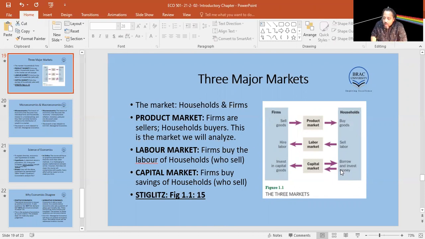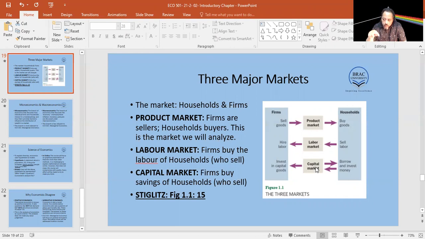How? Households are selling their savings to the banks. For example, I have money in the bank. I'm not going to use all of it at any time, okay? Bank also knows that. Sometimes I freeze a certain amount of capital as a fixed deposit for a certain time. So the bank knows that within this time, the bank has access to my savings.